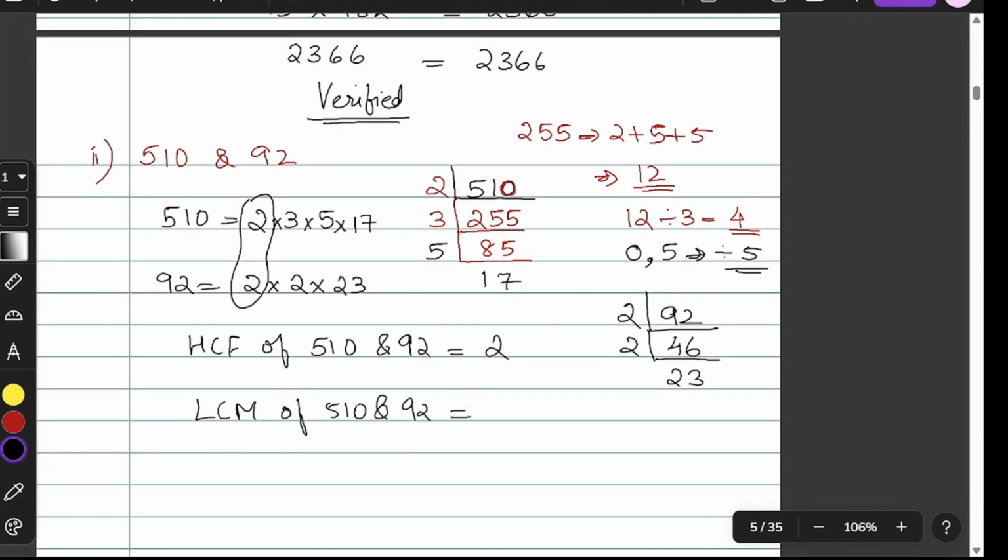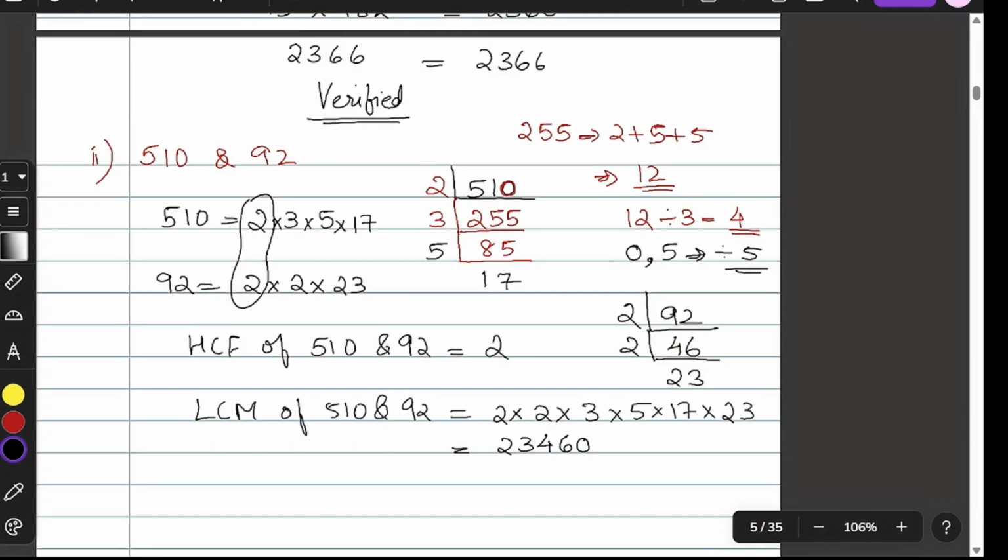It is going to be 2 into 2 into 3 into 5 into 17 into 23. Now you have to multiply all together. 2 into 2 is 4, then on multiplying, I will get 23,460.